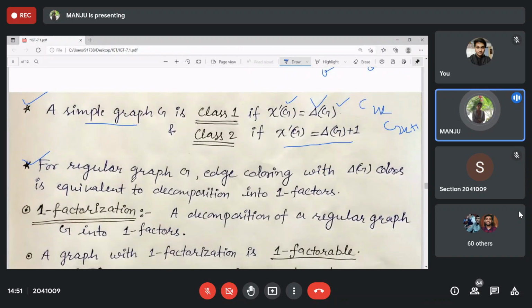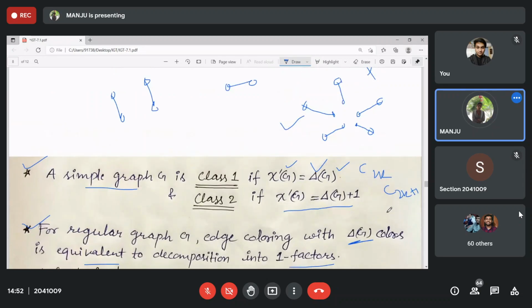Now, for any regular graph, all the vertices have the same degree. Coloring with this many colors will be the same as decomposing into one factors. Why is it so? See, in a regular graph, how many colors do you need? This much only, right?